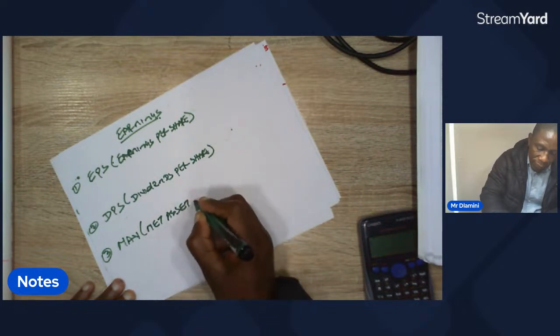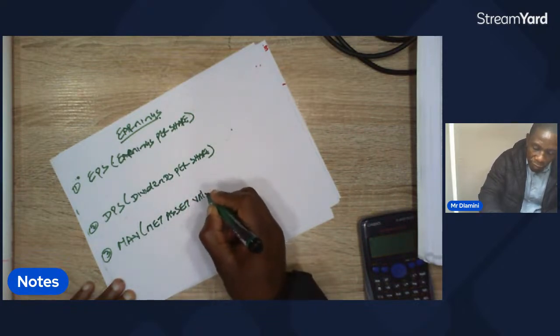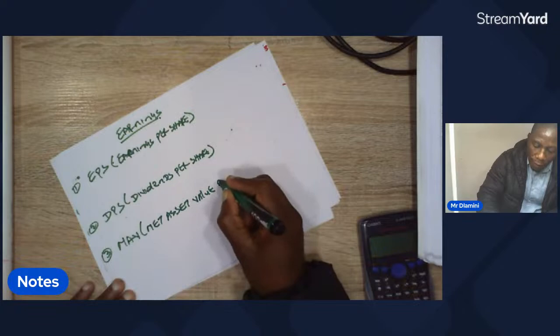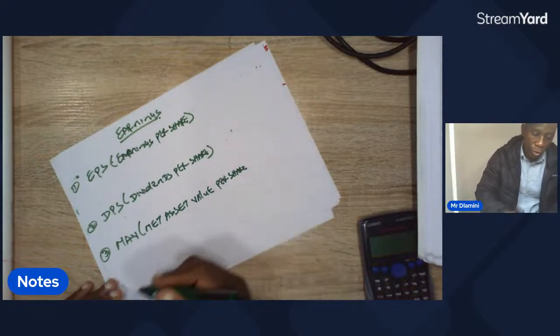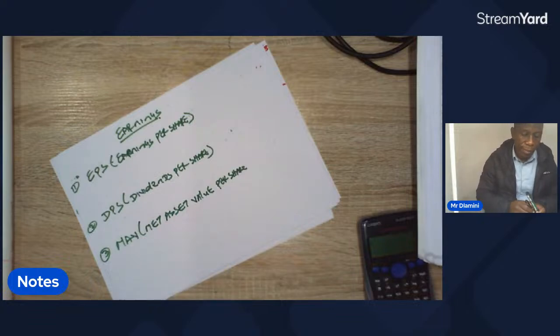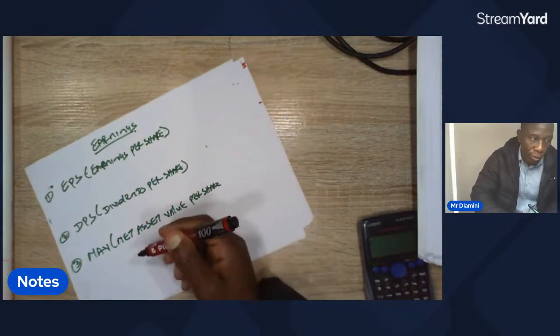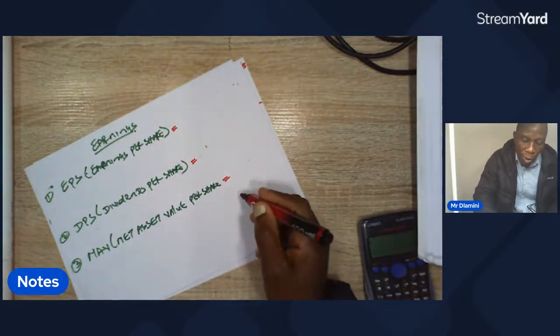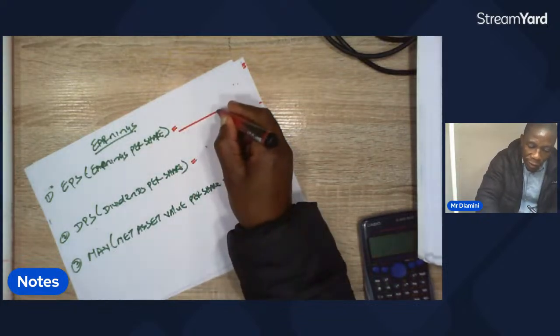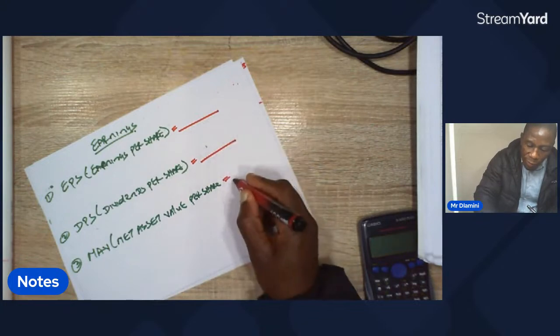NAV is net asset value per share. So what is the formula? What is common about these three ratios? Very easy. The number of shares issued at the end. The denominator is common.